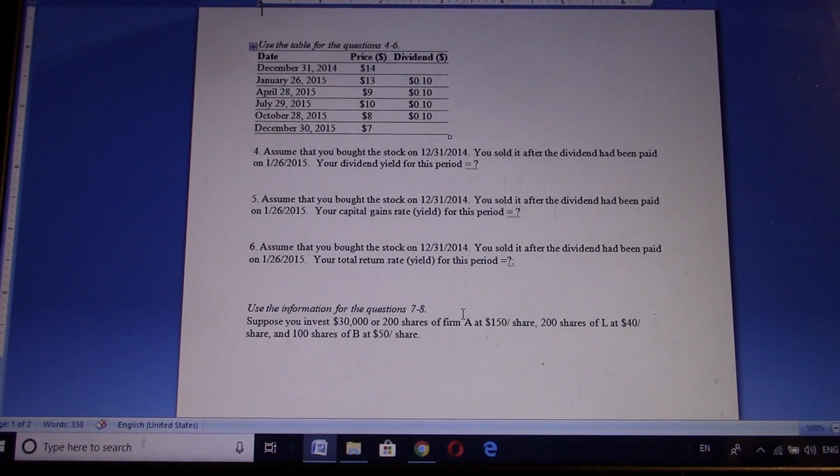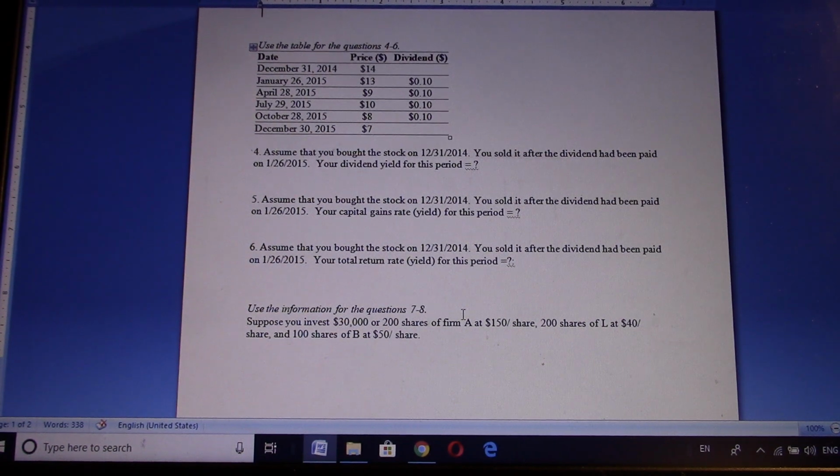Now the second question. We haven't seen questions similar to this in the homework, so let's take a look. This question gives you the stock prices at some specific dates, and also the dividends paid.